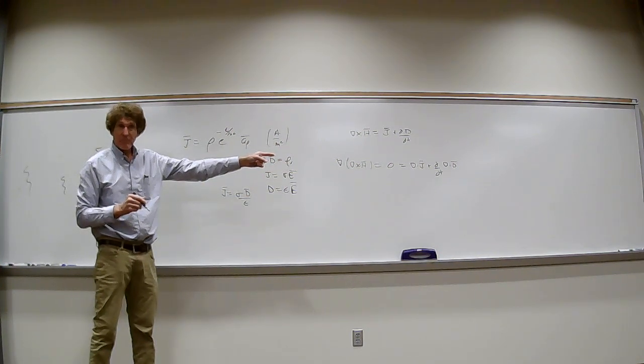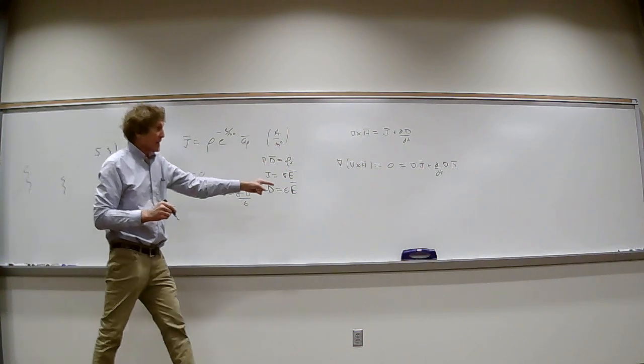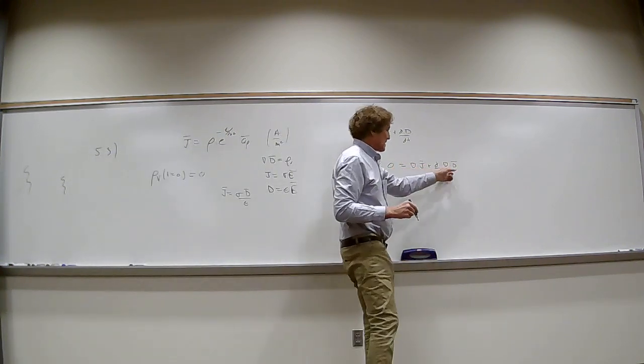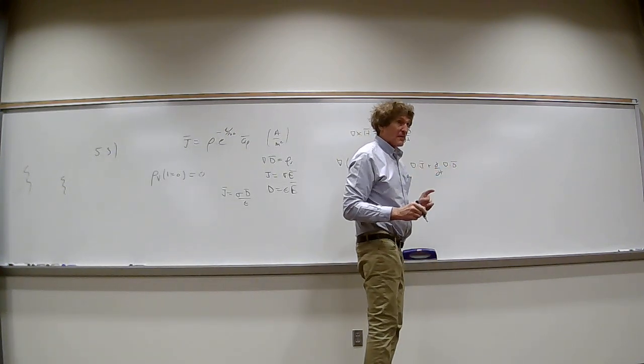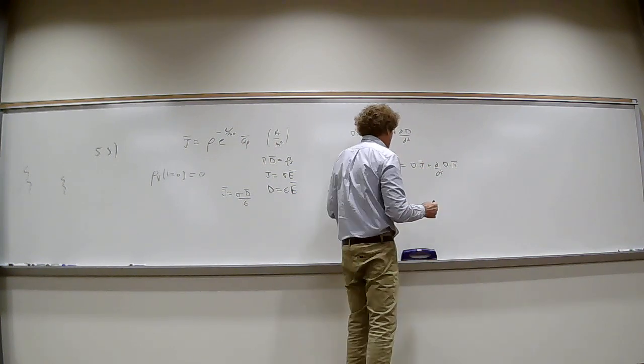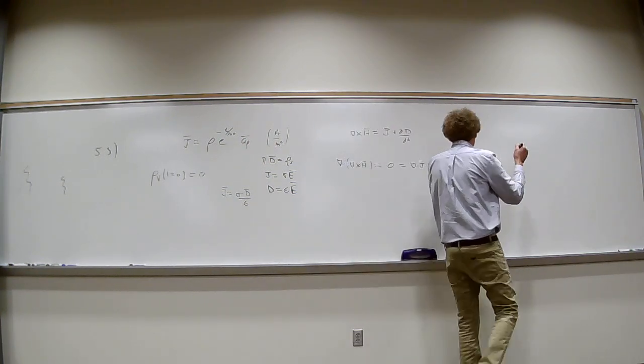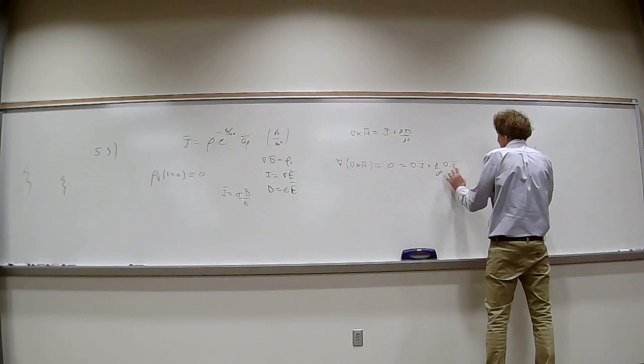Everybody follow me on that? We can get this term, and I'll put this down. Div D is rho V. That's what we're after, right? So I'm just taking this equation and rearranging it.